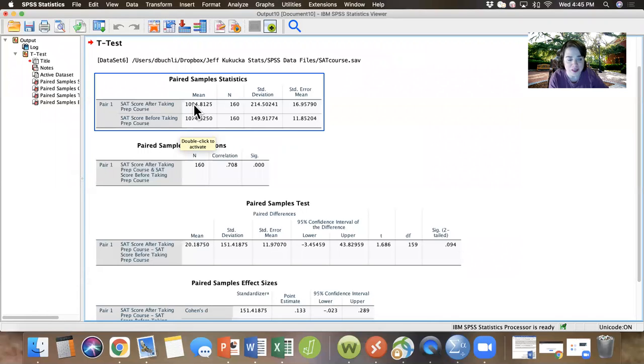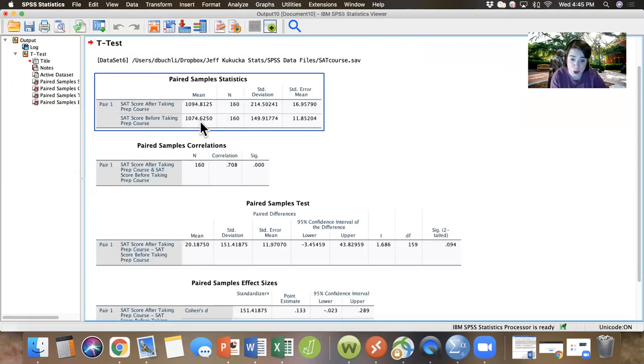After the SAT prep course, the average SAT score is 1094 as compared to the average SAT score before the prep course, which is 1074. Okay, so right there we see that that's a 20 point difference, right? So that seems like a fairly big difference.